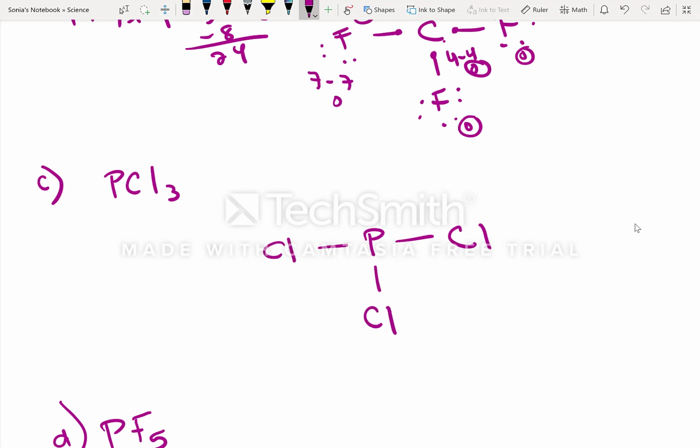And now let's figure out how many valence electrons phosphorus has, which I should have done first. Phosphorus has 5, plus 7 for chlorine times 3, because we have 3 chlorines, which would equal 26 valence electrons. Now we used up 6 of them, which leaves us with 20.